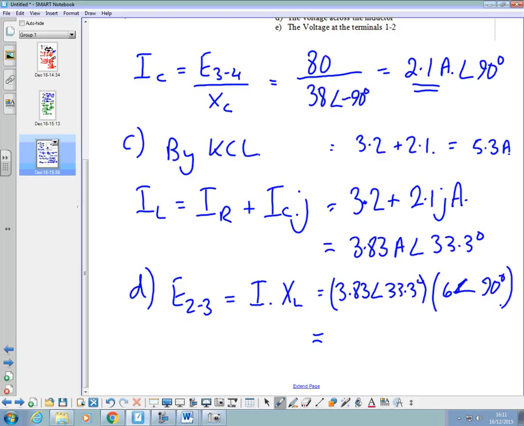That's 22.98 or 23 if you want to round it up. Angle. Yeah. And in there goes some volts, doesn't it?